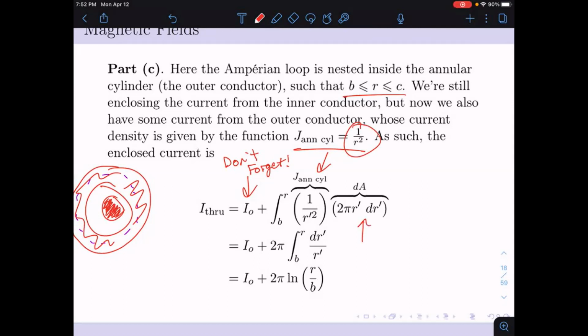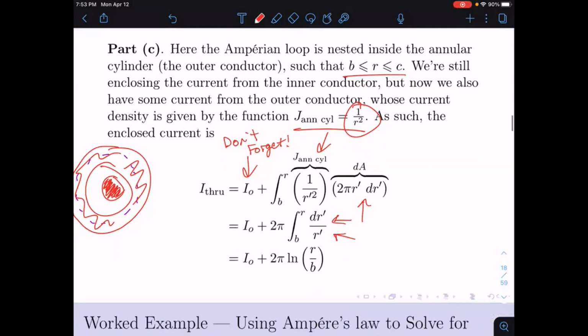I've got the same area every time I talk about one of my Amperian loops, because it's all a circle. So that's nice, my dA is always going to be the same, 2 pi r prime or r, whichever one you choose, dr. So I can multiply those two together, and I end up with just dr over r prime. One of the r's cancels, and I can pull the 2 pi out of the integral. Life's pretty good. And then hopefully you remember that the integral of 1 over r would just be natural log of r.